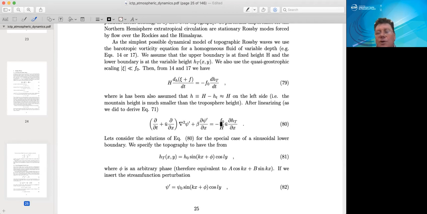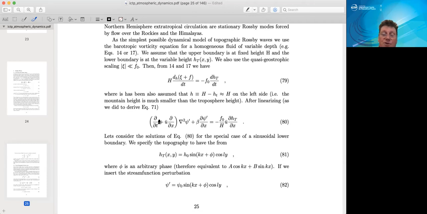We could also, if someone is very good in math, insert a more interesting mountain, a Gaussian type mountain, and try to solve this equation. But in order for us to keep it as simple as possible, we want to know if we insert a sine curve here with the mountain height h0, what is the solution that we can find?